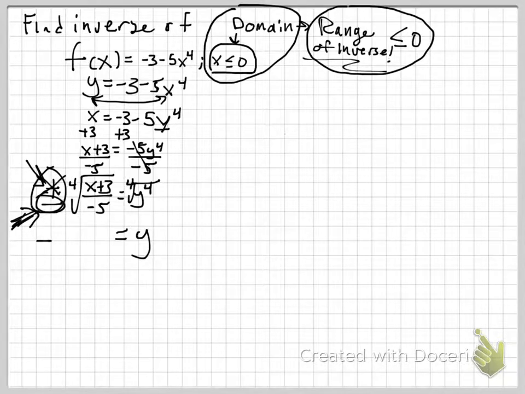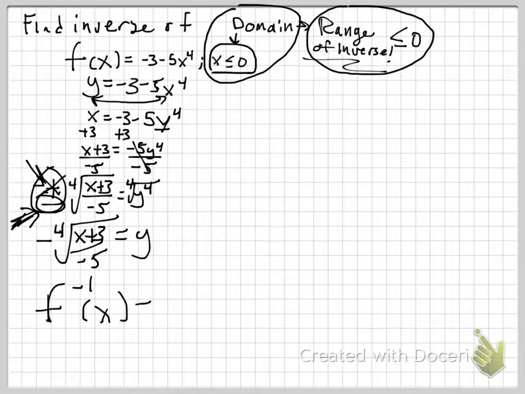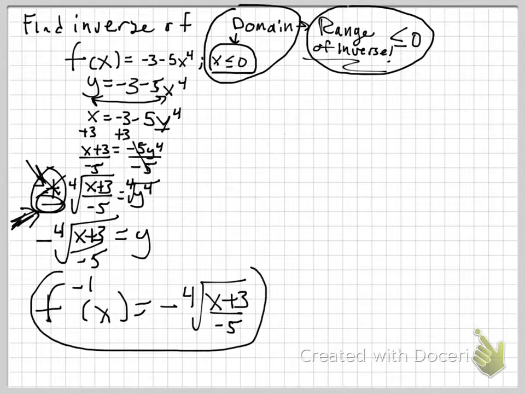So my final inverse function is going to be the negative fourth root of x plus 3 all over negative 5. And so what we really have here then is the inverse function f inverse of x is the opposite of the fourth root of x plus 3 over negative 5. And that's about as complicated of an inverse function as I'd ever ask you to find.